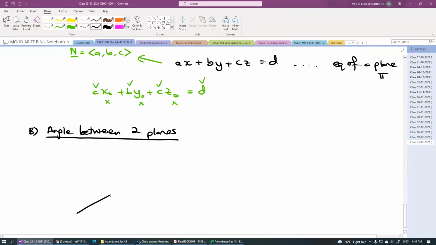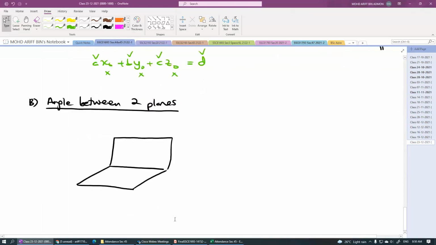So let's say we are having this plane, and then we have another plane here, and that plane intersects the other. Let's say I extend to the back, and the second plane I extend down here.